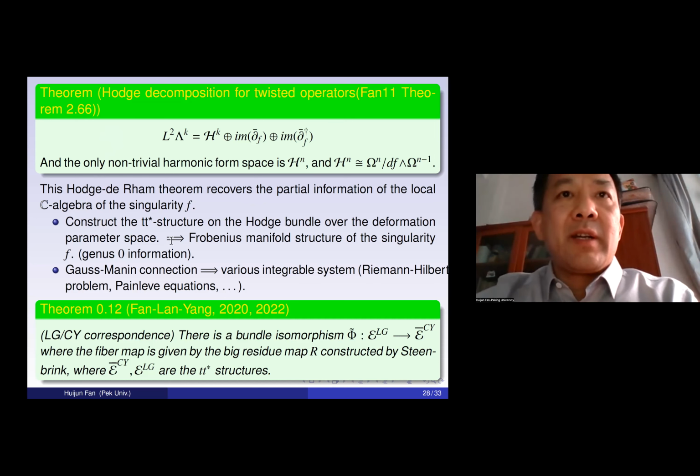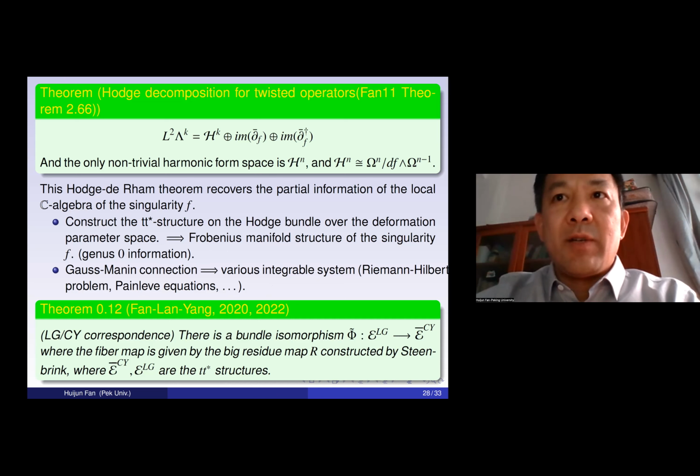And then we can go further in this paper. We can construct the tt* structure on the Hodge bundle over the deformation parameter space, and for some singularities, we can get the Frobenius manifold structure. The tt* structure consists of the genus 0 information. Also, a very interesting thing is we have the Gauss-Manin connection. That means it can provide various integrable systems.